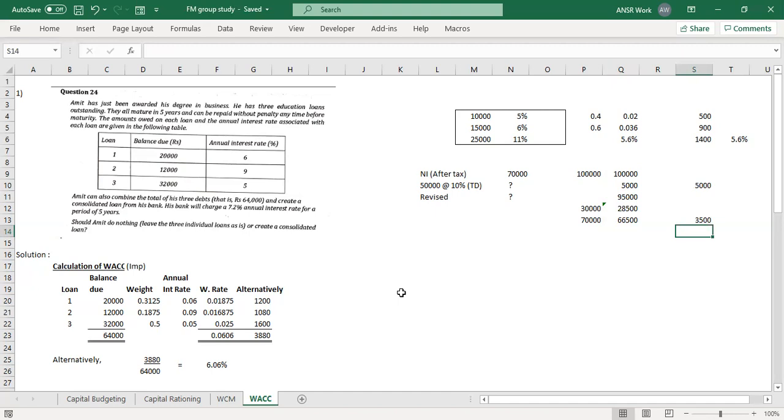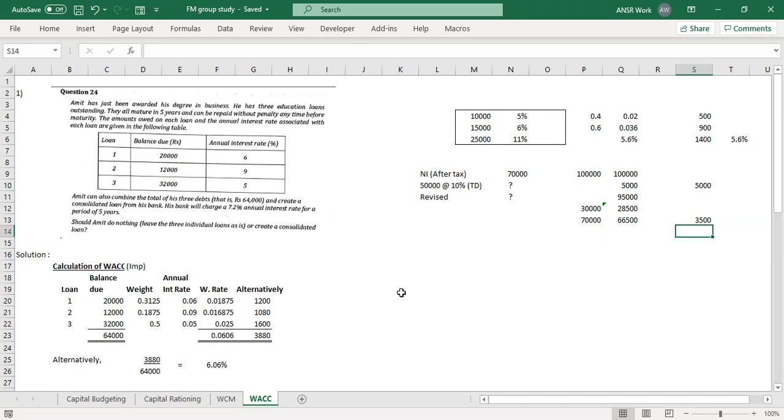What did you guys understand? Okay, no problem. Can you tell me a number right now, having given this information: 70,000, 50,000, 10%? You tell me a revised net income. But what was the tax rate? Tax rate, let me give you 30%.